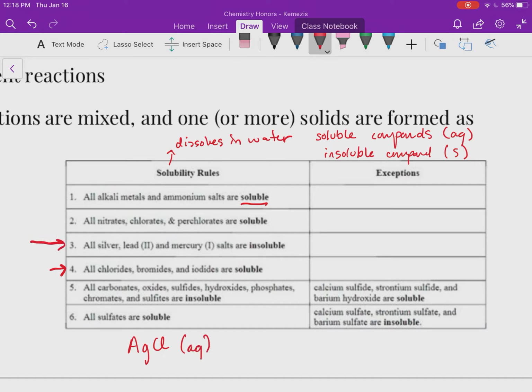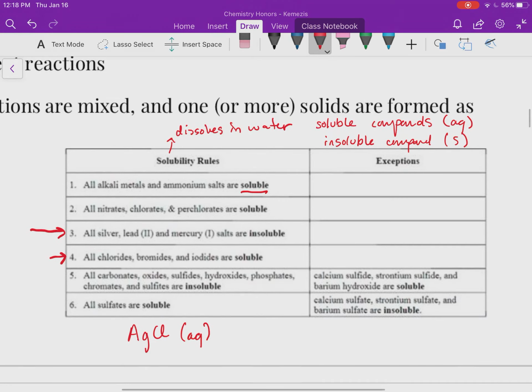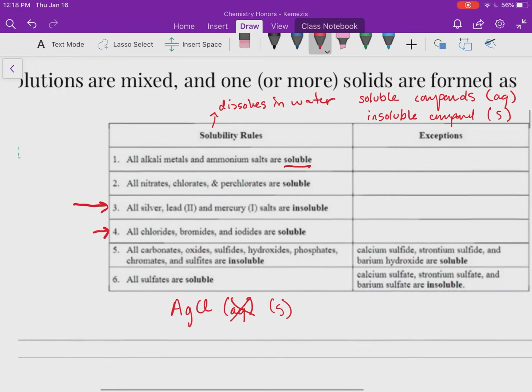But if you look at the rule above it, it says all silver, lead, and mercury compounds are insoluble. So rule 3 of our solubility rules trumps rule 4. So yes, this is a chloride, but more importantly, it's a silver compound, so it is not aqueous, it would be solid. So that's why you have to read from the top of the list to the bottom.